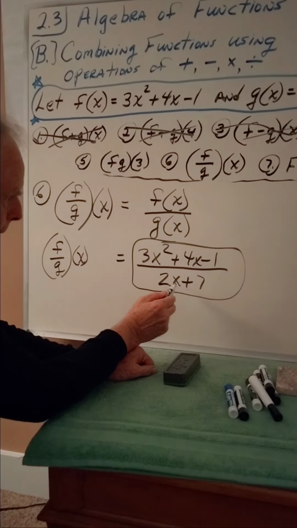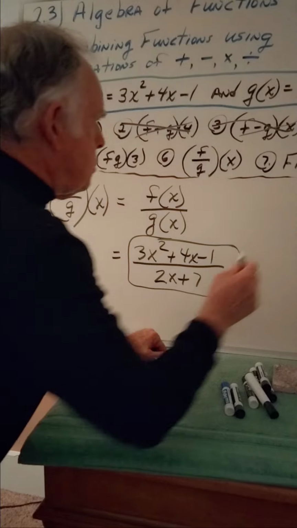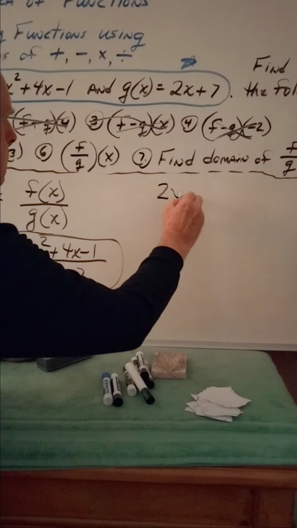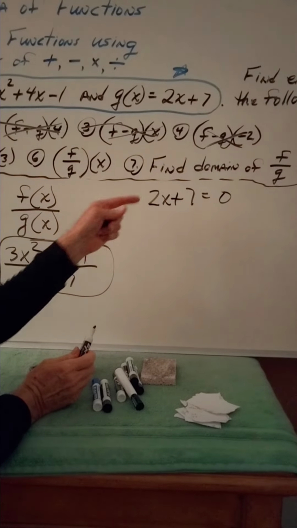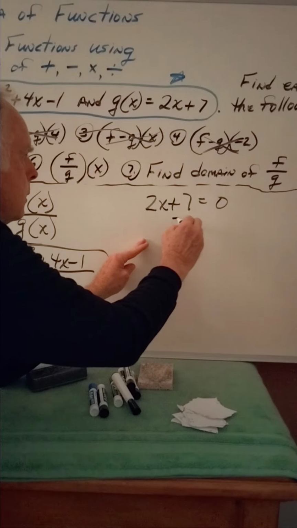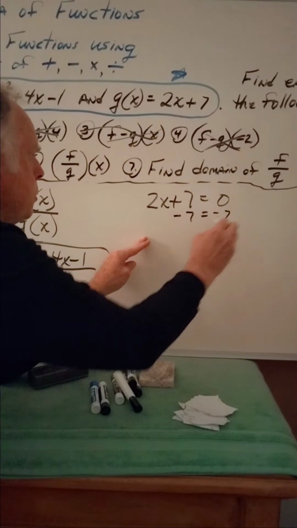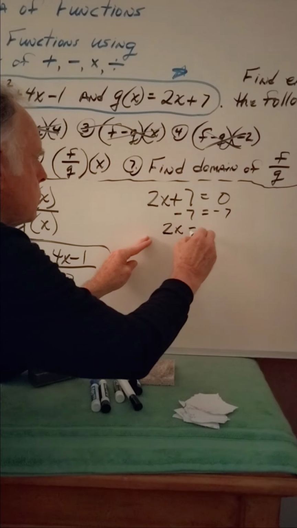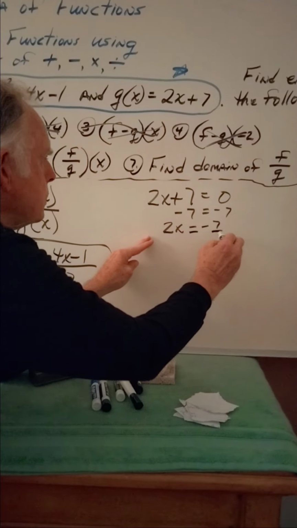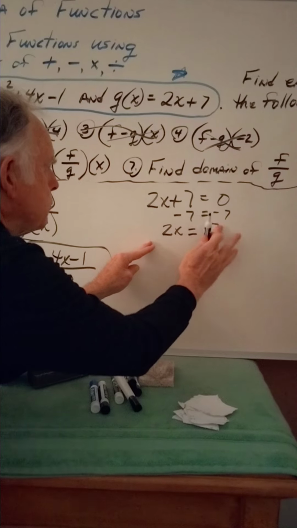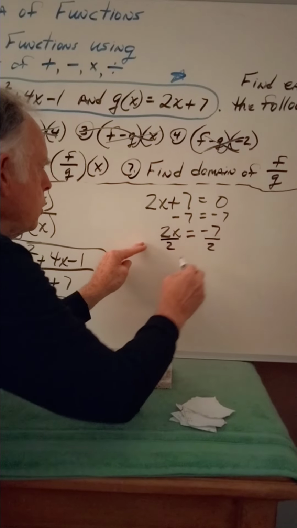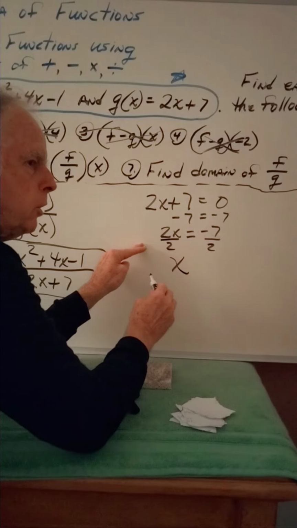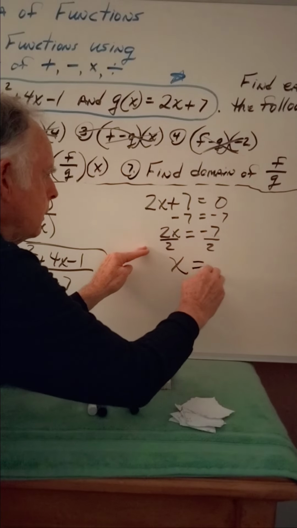So we take that denominator of 2x plus 7 and we set it equal to 0. And we solve this for x. Negative 7 on both sides. We'll get 2x is equal to negative 7, and over 2. And here's what the domain cannot be.